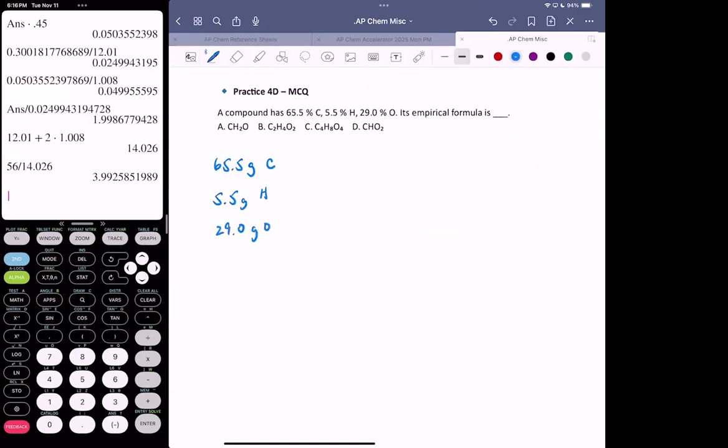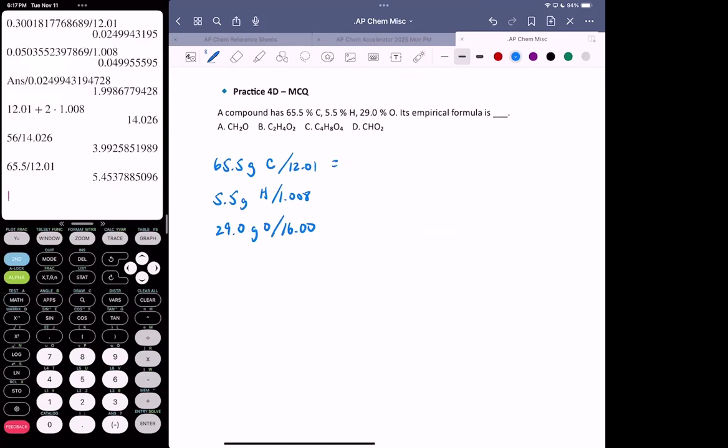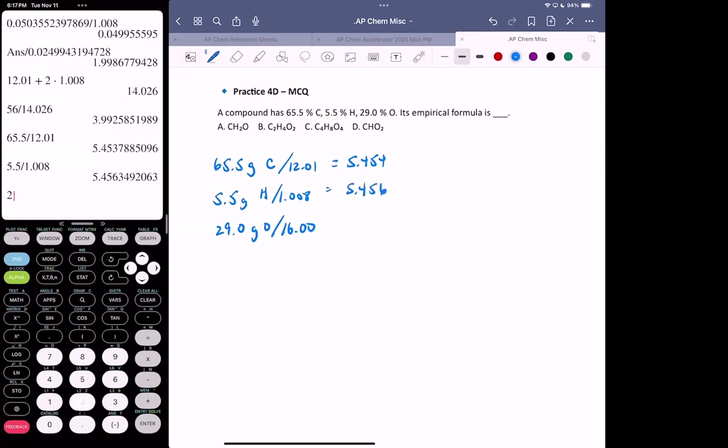So we divide by the molar mass. 65.5 divided by 12.01 is 5.454. 5.5 divided by 1.008 is 5.456, pretty much the same number. And 29 divided by 16 is 1.8125.